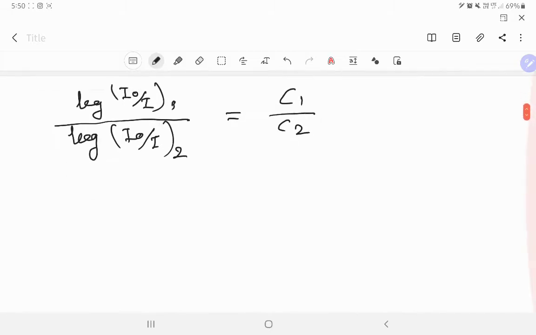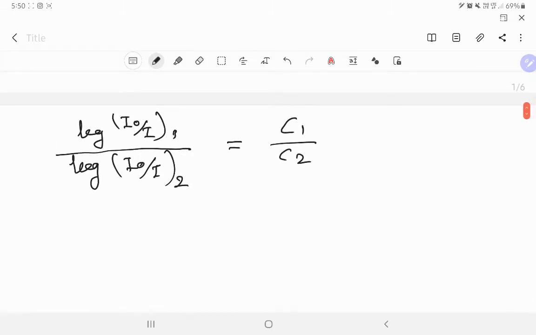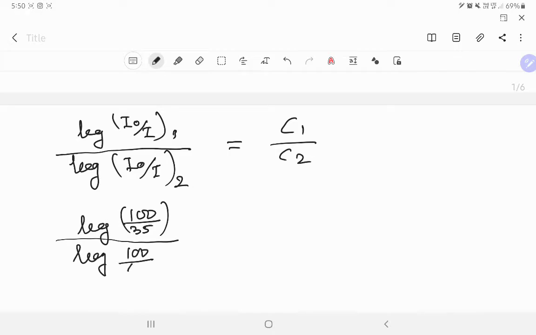Yes, now put the concentration value and all the given values. Okay, log of 100 upon 35 divided by log of 100 upon 43 is equal to C1 is given 0.02 and C2 you have to determine.